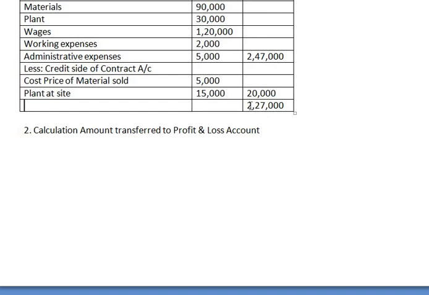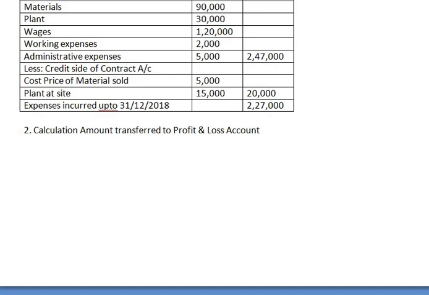Now what this is called as, this is nothing but expenses incurred up to 31st December 2018. This is the expenses which we have incurred till the year 2018.